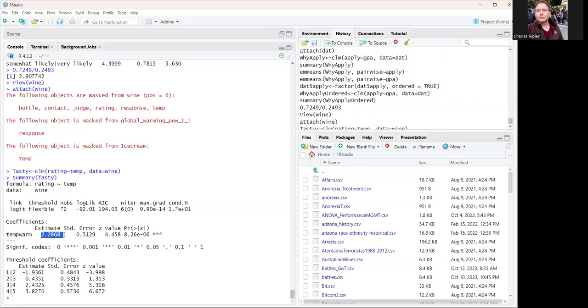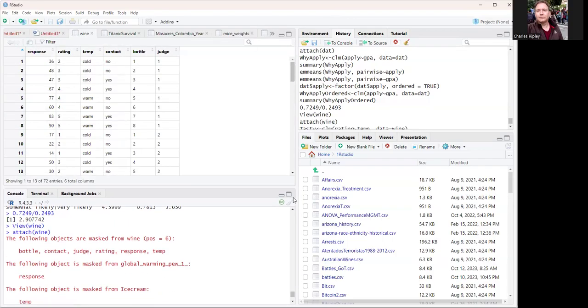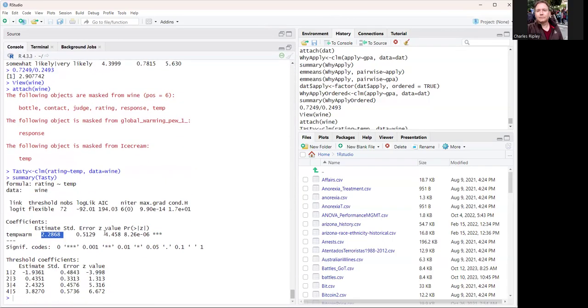Here we have the z value, and that gives us our p value, like the t value, but the z value assumes that we know the mean and standard deviation of the population. Remember, this is a sample of the population, that data set right up here. So what this is saying essentially is that it is statistically significant. There is a relationship between the temperature of the wine and whether people like it on a 1 to 5 scale.